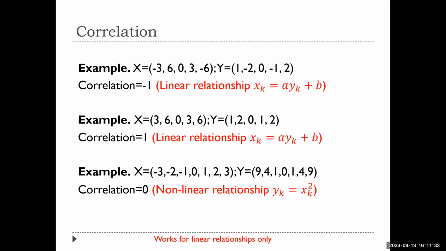So if you look at this, x is -3, -2, -1, 0, 1, 2, 3, and y is just the square: 9, 4, 1, 0, 1, 4, 9. The correlation is 0. The correlation does not measure non-linear relationships.